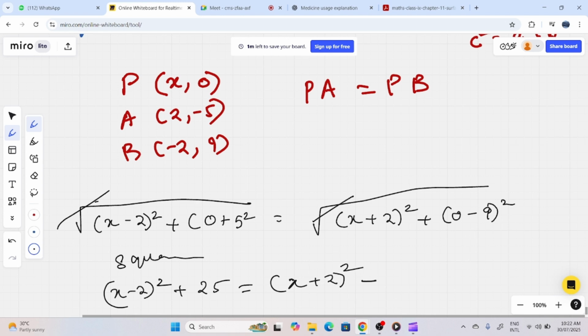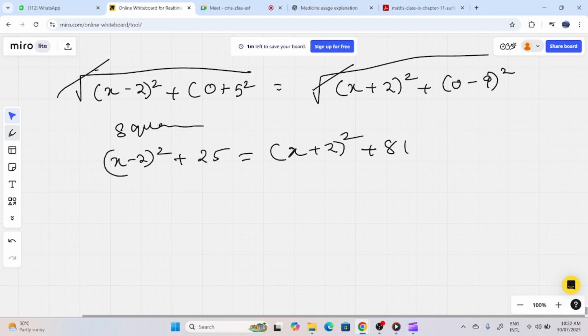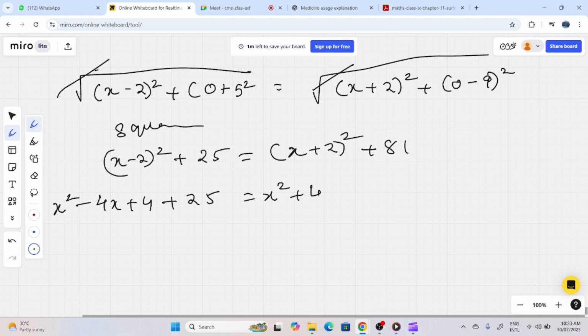Minus 9 square is 81. (a minus b) square gives a square minus 2ab plus b square plus 25 equal to a square plus 2ab plus b square. I got the coordinate which is equidistant as minus 7 comma 0. Very good, that's correct.